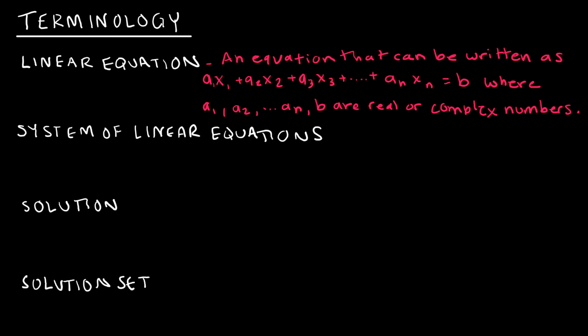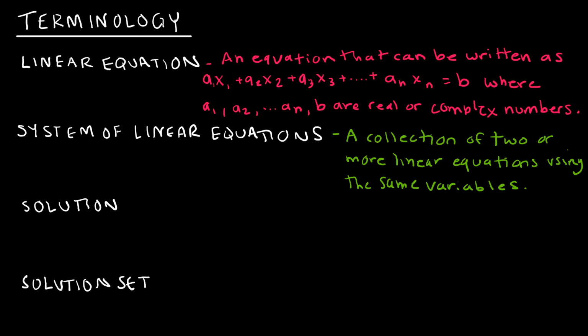That's just a fancy way of saying you've got a linear equation like we used to have with y equals mx plus b, just a different form. So it's basically a standard form equation where we have variables and coefficients equal to some value.